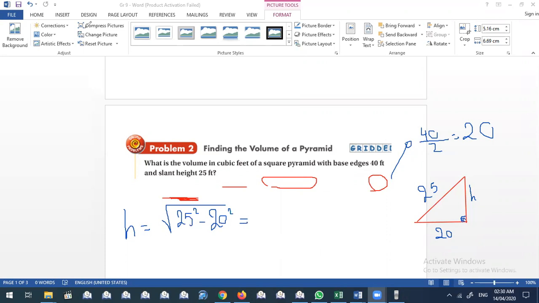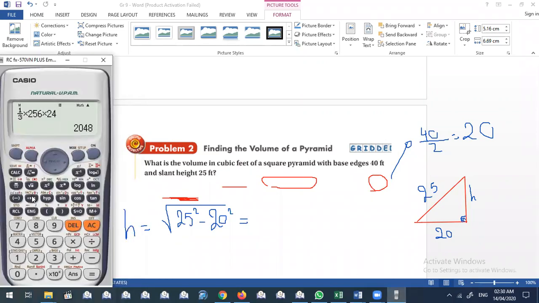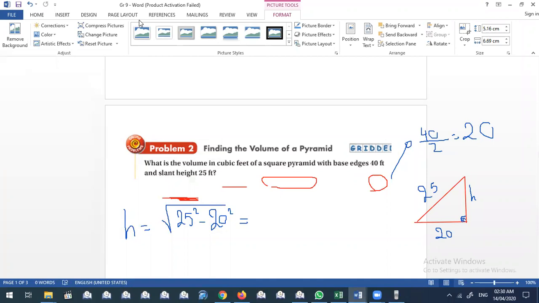Now find this answer by using the calculator. Square root of 25 squared minus 20 squared equals 15. Now we have the height, the normal height is 15.